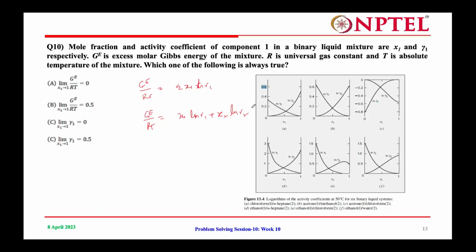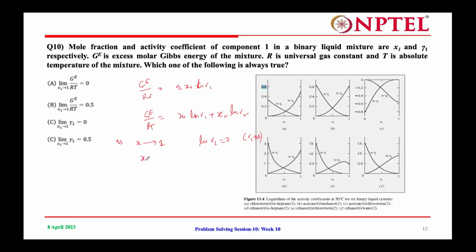So as x1 tends to 1, ln gamma 1 equal to 0, which means gamma 1 equal to 1, okay?